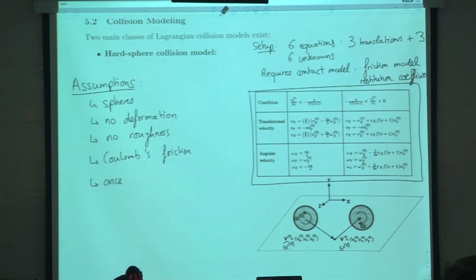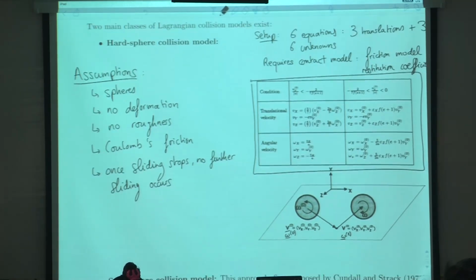So once sliding on the surface stops, no further sliding can occur. So you slide until you've depleted enough energy, and then the particle starts rotating. The way you put together a model like that from the contact model is usually using impulse theory.